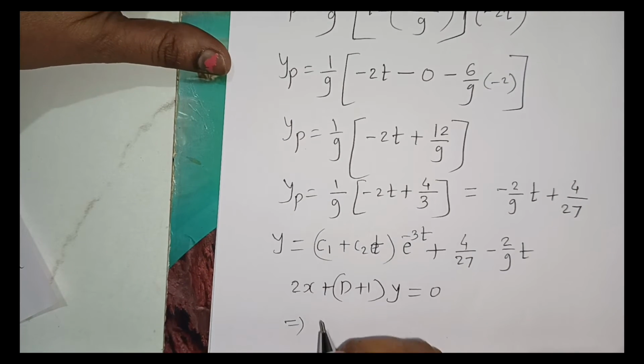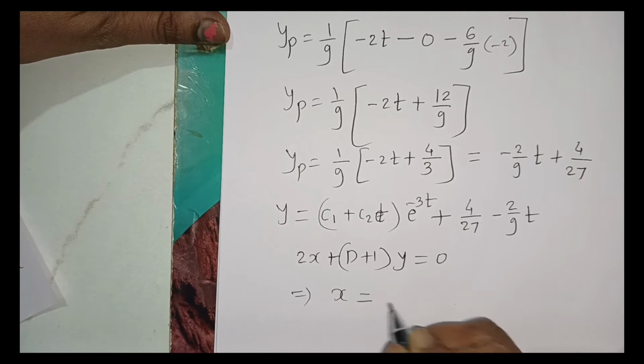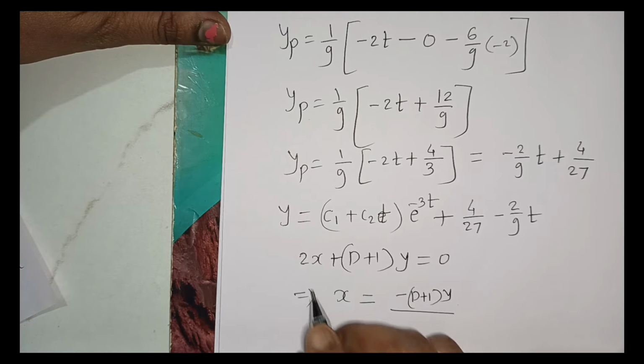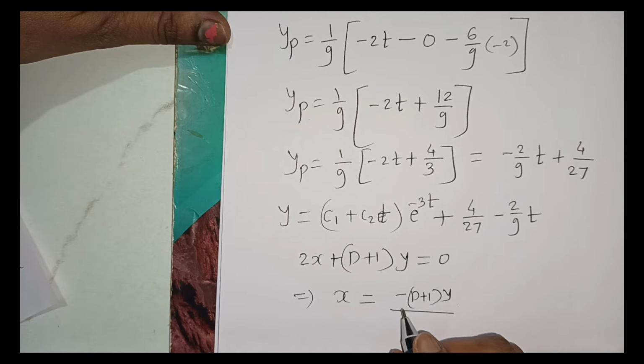By using this, find out the value of x. It is equal to x is equal to minus (D plus 1)y divided by 2.